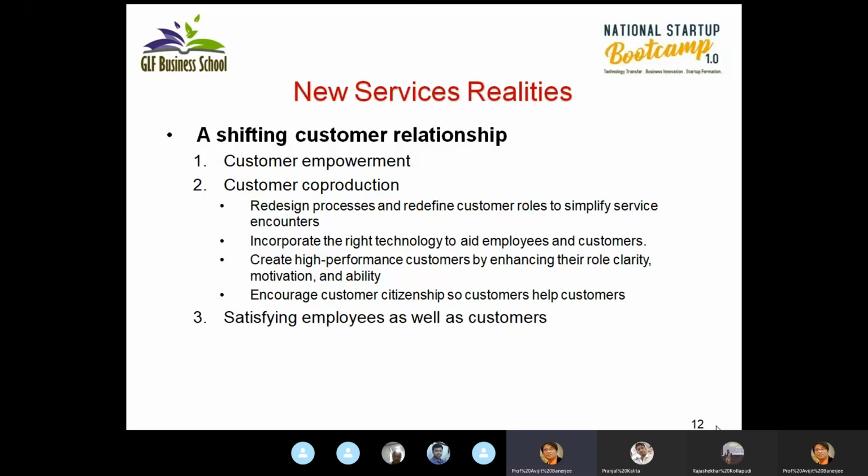Satisfying employees as well as customers is also an important part of it. Excellent service companies know that positive employee attitude will promote stronger customer loyalty. Instilling a strong customer orientation in employees can also increase their job satisfaction and commitment, especially if they have high customer contact.